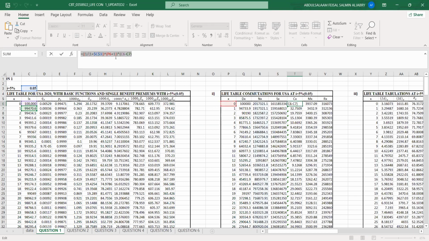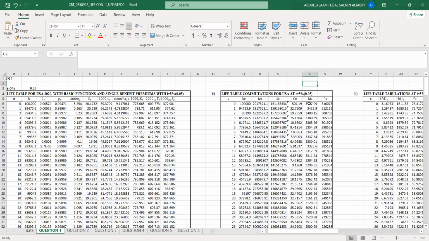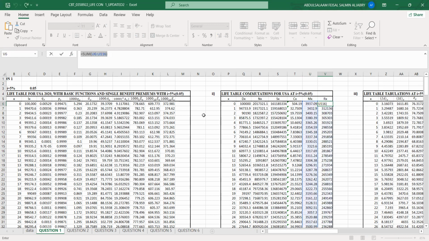The only difference is here we have to plus 1 and multiply by the small dx. The small dx is basically lx plus 1 minus lx. That's why here I put C6 minus C7. And the interest I has to be fixed. To get the Mx, just sum the Cx till 110. And to get the Rx, we just need to sum the Mx.